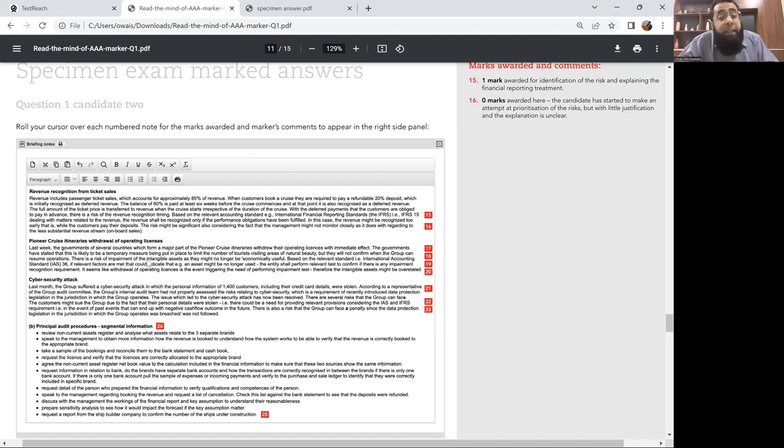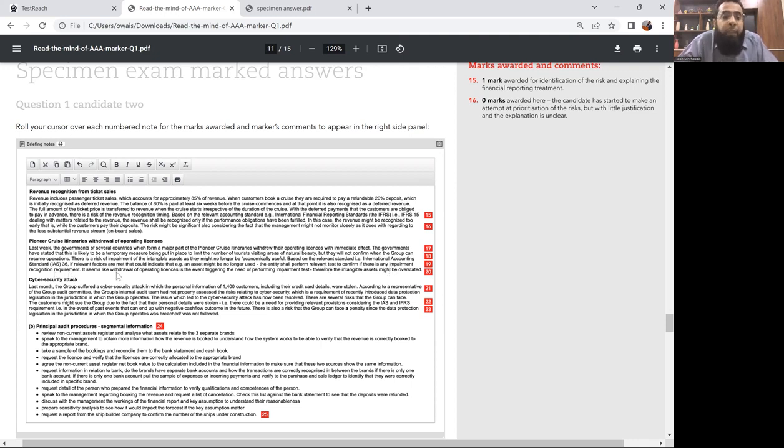There's a risk of impairment of intangible assets as they might no longer be economically useful. Based on the relevant standard, that is International Accounting Standard 36, if relevant factors are met that could indicate, for example, the asset might no longer be used, the entity should perform relevant tests to determine if there is any impairment.